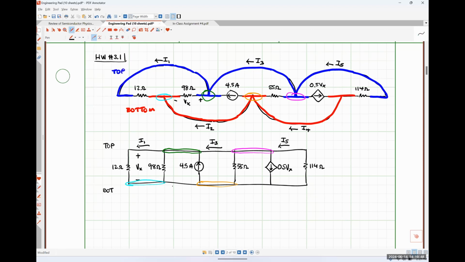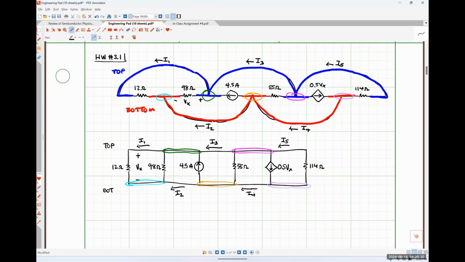So that means this current is I2. And then lastly, we've got the current I4. It's flowing from where the head of the 0.5 Vx arrow is in the 114 ohm resistor, so right here. And it's flowing to what I circled as the orange node. So this would be the current I4.